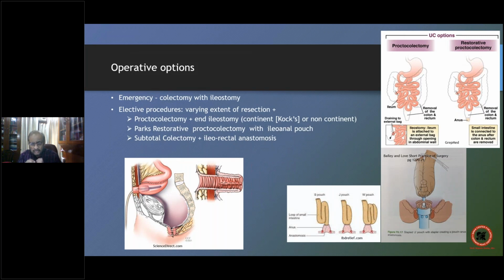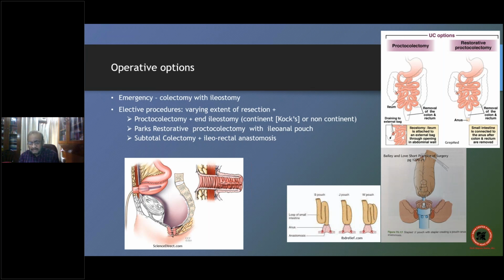I'm not going to go into the details of surgery, but you should know the principles of surgery. One, that part of the colon is to be removed. Agreed? Whether it is an emergency or elective procedure, colectomy has to be done. Now, the extent of colectomy would depend on whether only part of the colon is involved or the total colon. If you have a partial colectomy, there's no problem.